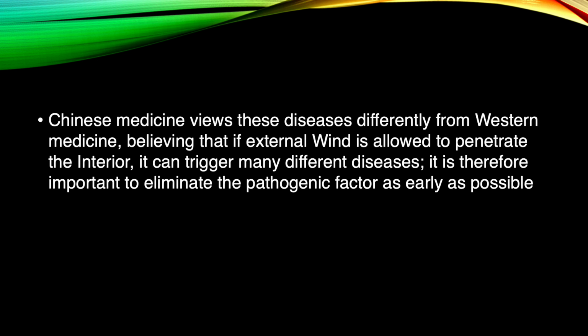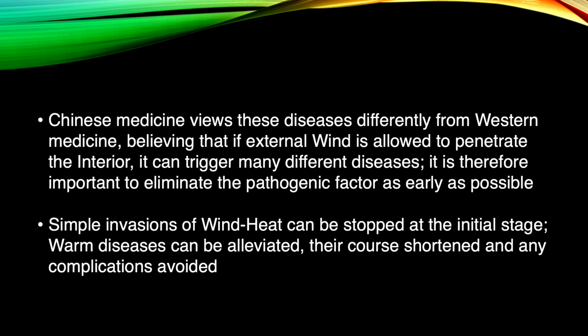Chinese medicine views these diseases differently from Western medicine, believing that if external wind is allowed to penetrate the interior, it can trigger many different diseases. It is therefore important to eliminate the pathogenic factor as early as possible. Simple invasions of wind heat can be stopped at the initial stage. Warm diseases can be alleviated, their course shortened, and any complications avoided.